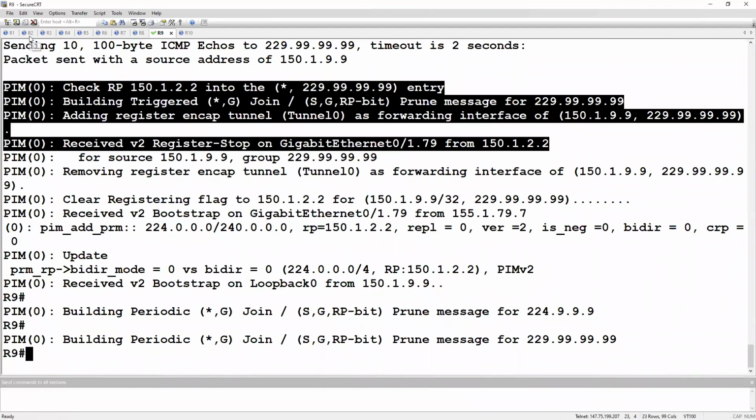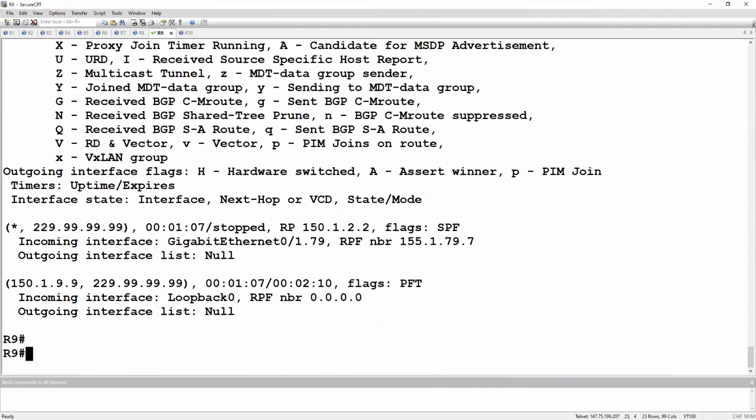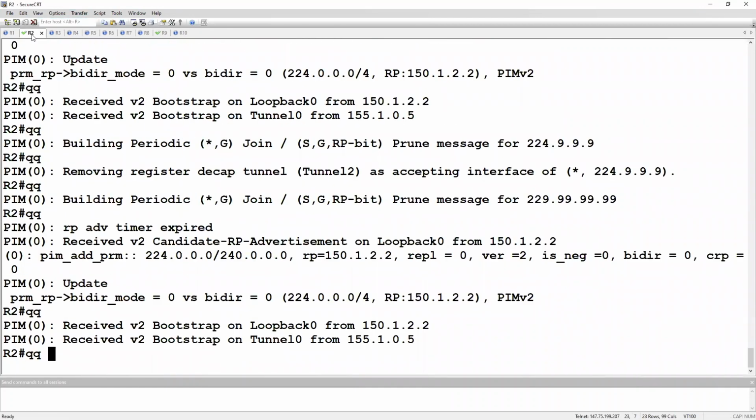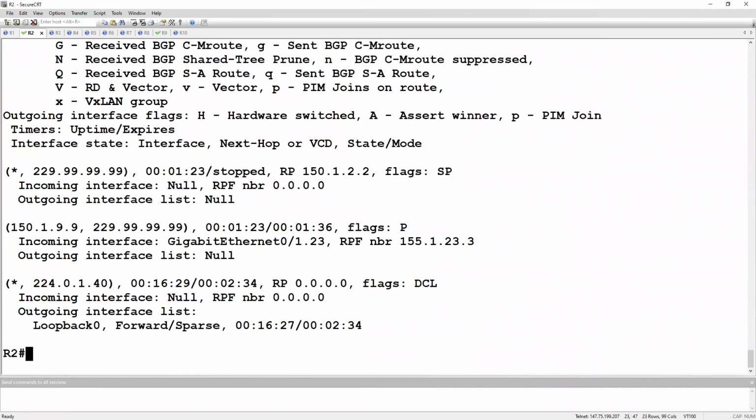So if we look at router 9 in show IP mroute for 229.99.99.99, we should see we know about the star comma G entry and the S comma G entry, the 150.1.9.9 going to 229.99.99.99. And if we look at router 2 and look at the same thing, show IP mroute, we see star comma 229.99.99.99, and we see the specific source.